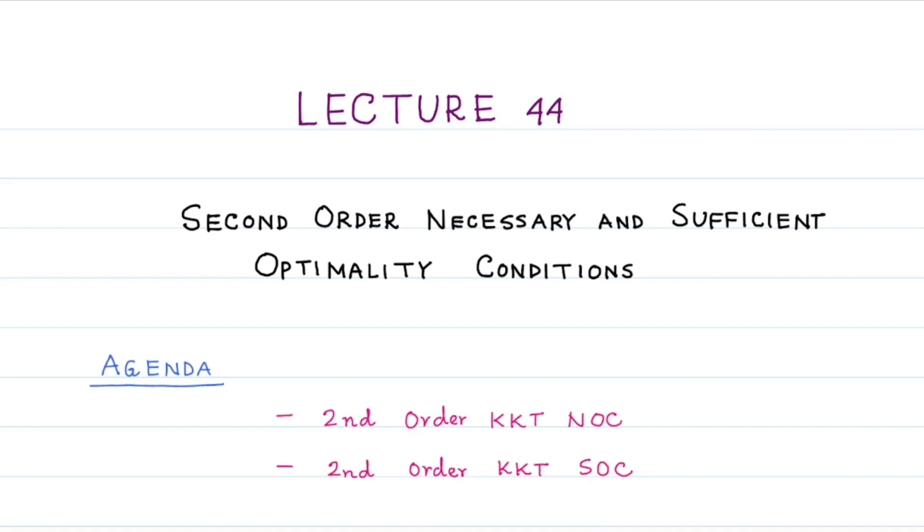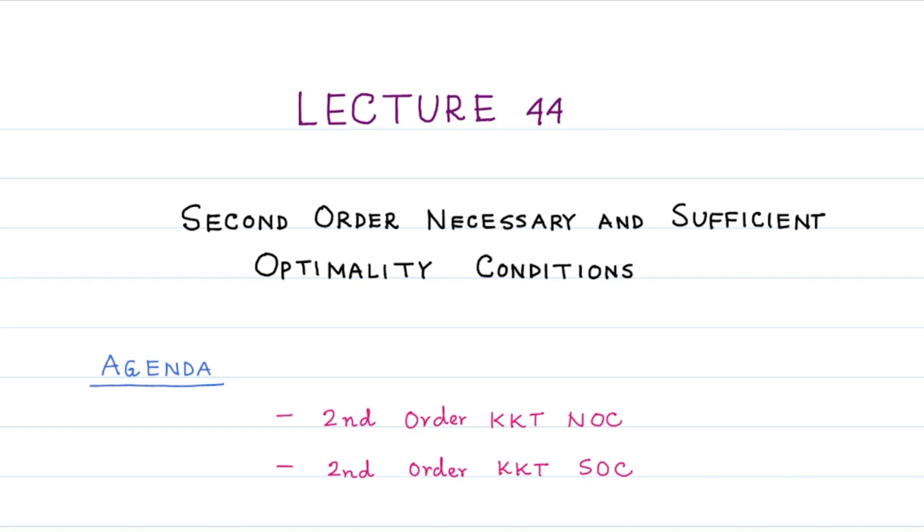So far we have been describing for constrained optimization problems the KKT necessary and sufficient optimality conditions. If you look at the conditions that I gave, you will find that they involved the first order partial derivatives of the objective function and of the constraint functions.